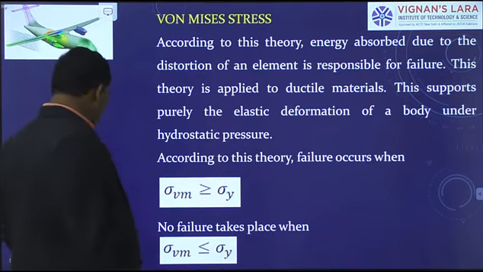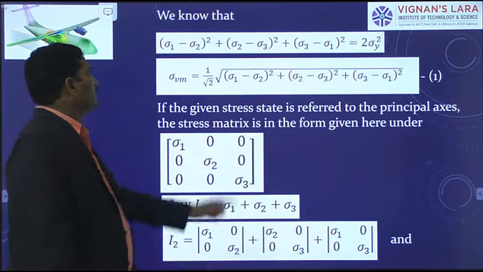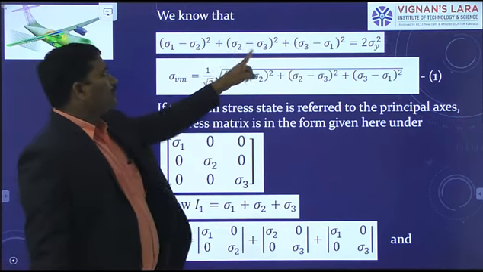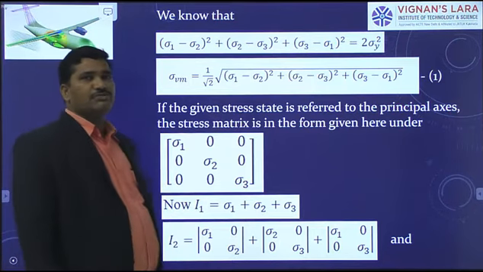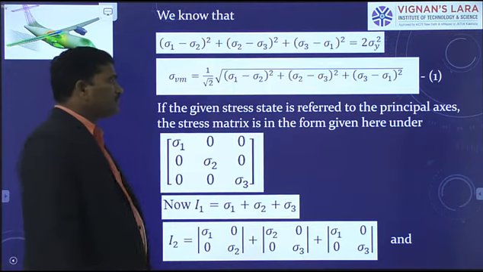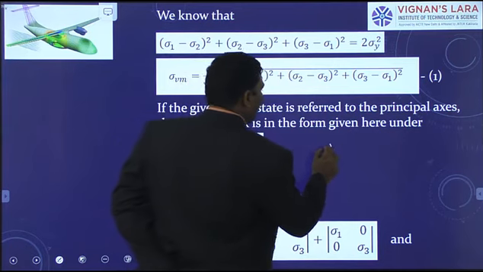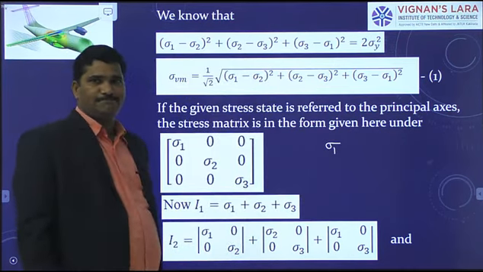Now, we know that according to the von Mises theory, (sigma 1 minus sigma 2) whole square plus (sigma 2 minus sigma 3) whole square plus (sigma 3 minus sigma 1) whole square equals 2 sigma y square. What is sigma 1? It is the principal stress, the maximum principal stress.